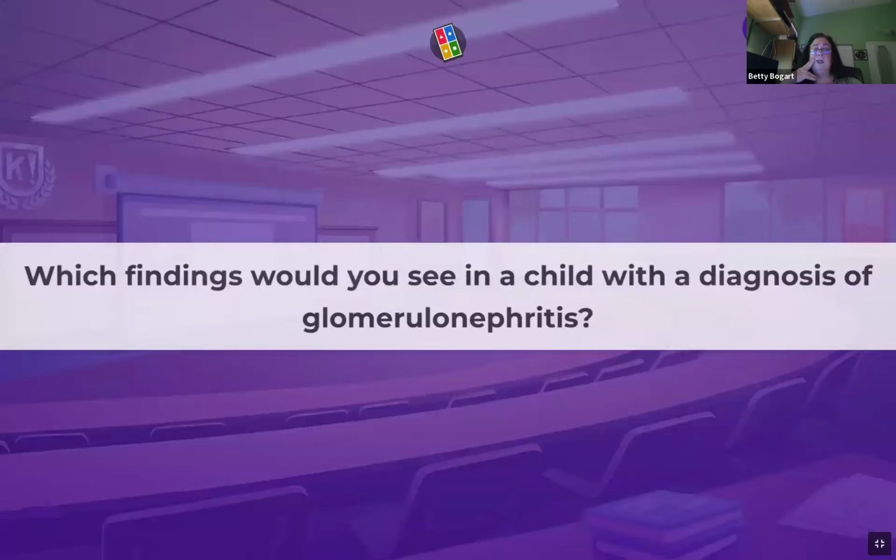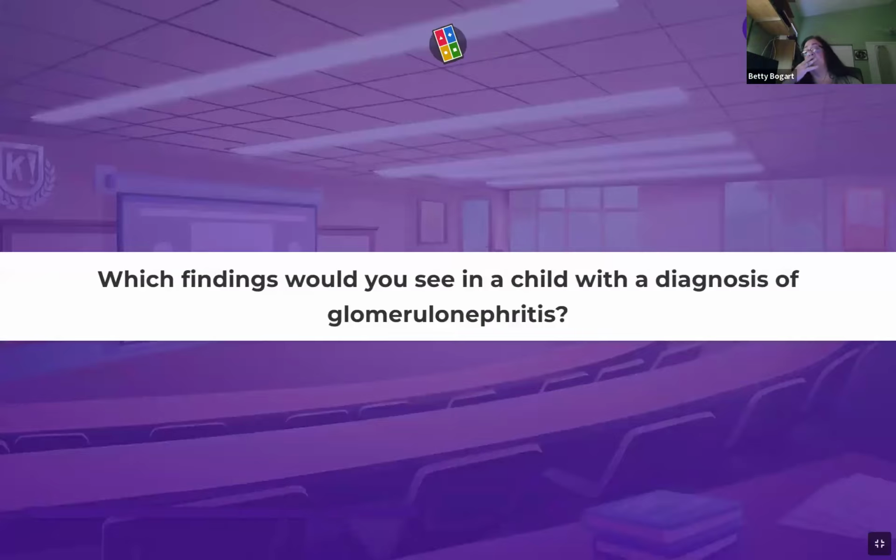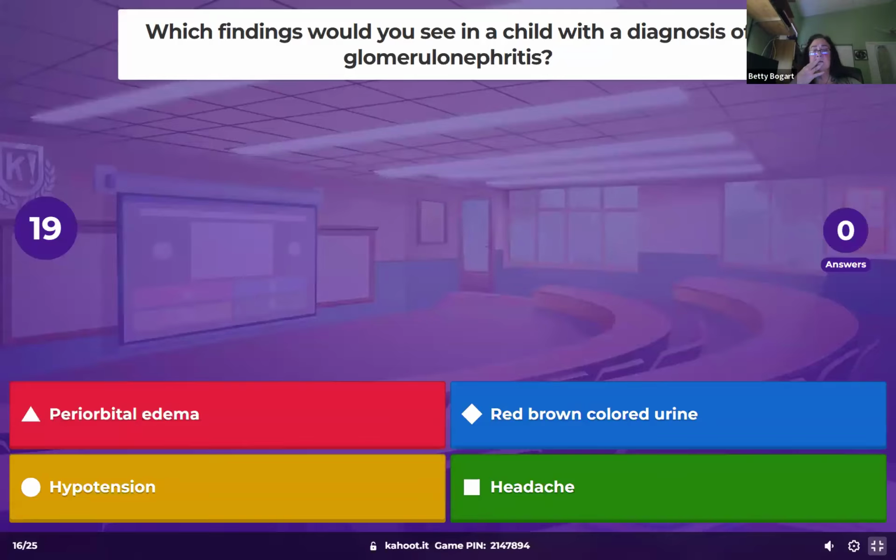A multi. Which findings would you see in a child with a diagnosis of glomerulonephritis? Nephrotic syndrome is generalized edema. Glomerulonephritis is what? You have to remember their differences.